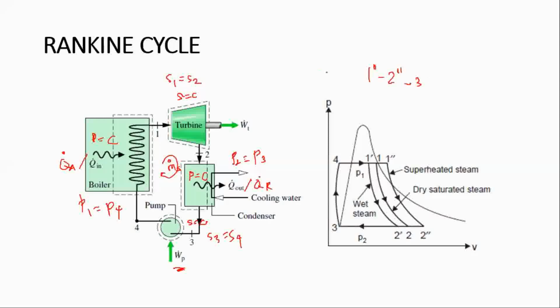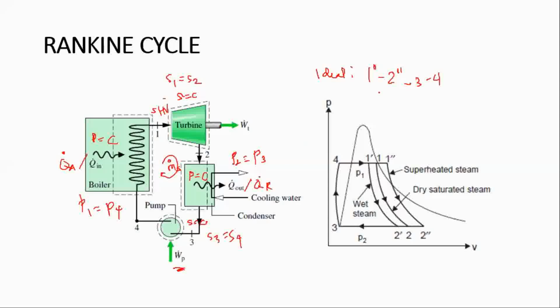Ito po yung ating ideal Rankine cycle, no? So, at point 1 double prime, expected na siya ay dapat maging superheated vapor. Bakit kaya superheated vapor? To avoid moisture entering the turbine. Kasi makakasira yun sa mga blades ng ating turbina, no?